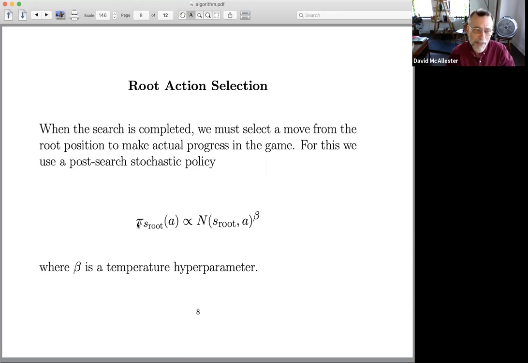We define a stochastic policy for selecting move A at the root position, which is proportional to the number of simulations that selected A, raised to the power B, where B is a kind of temperature parameter. This is basically a softmax operation, because we're getting a probability, and B is analogous to a temperature parameter in that softmax operation.